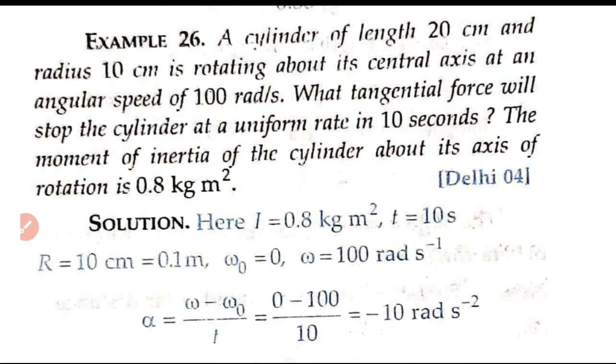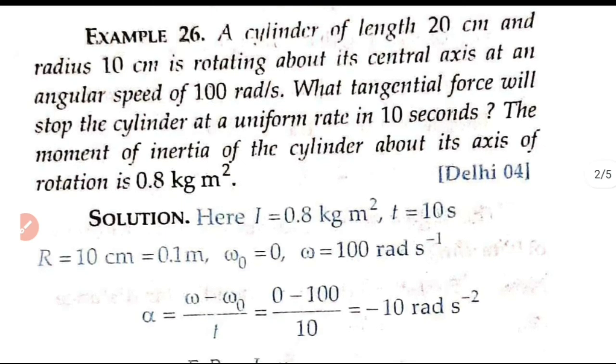So it's given that the angular speed is 100 radian per second initially, and we need the force required to stop. So finally it is coming to rest, meaning the final angular velocity is 0.